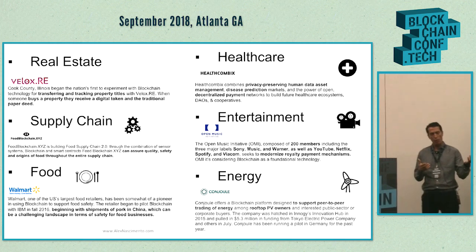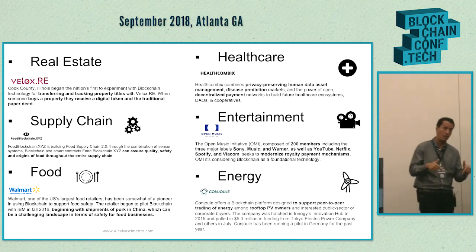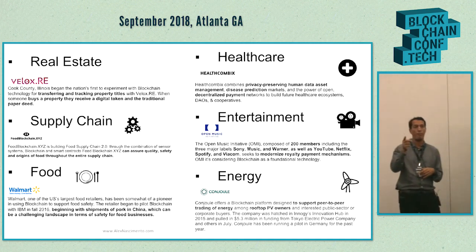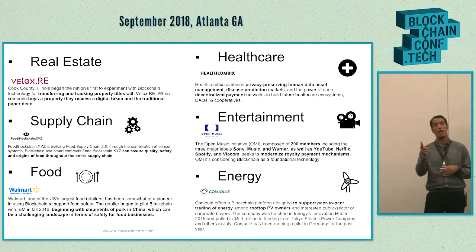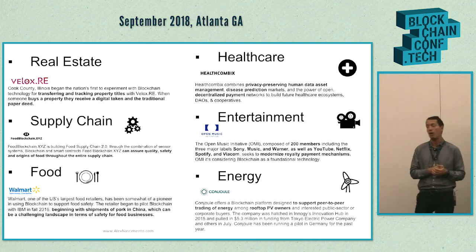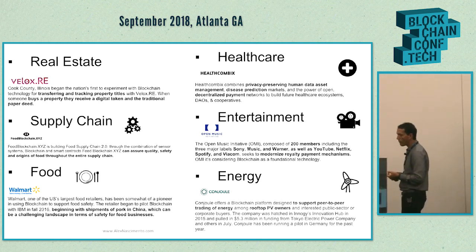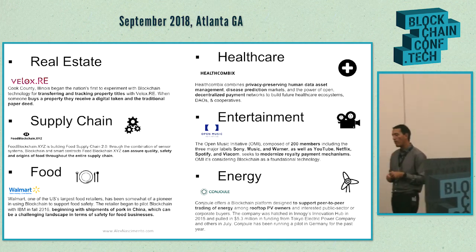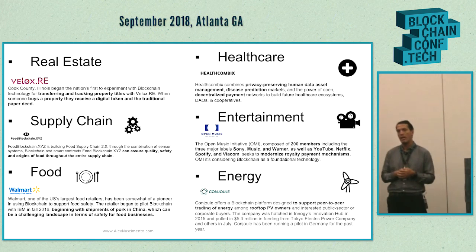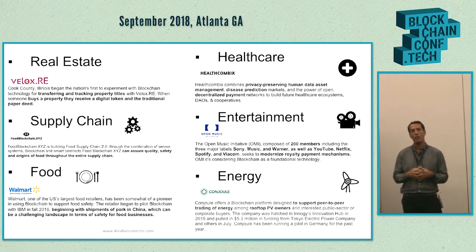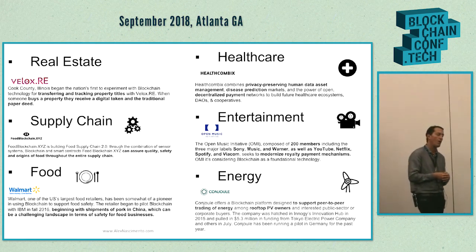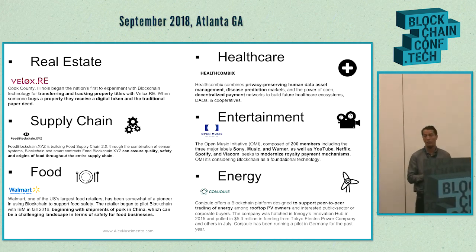And the big giant Walmart is actually using blockchain today to track two things: mangoes from Mexico and pork from China, to make sure that you're getting quality products, right?